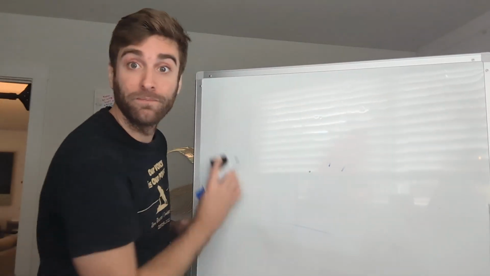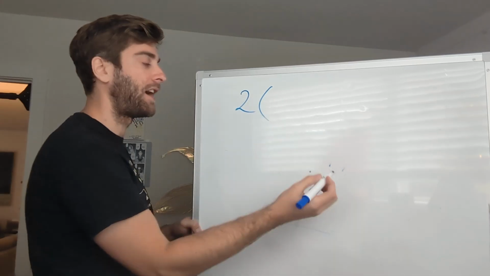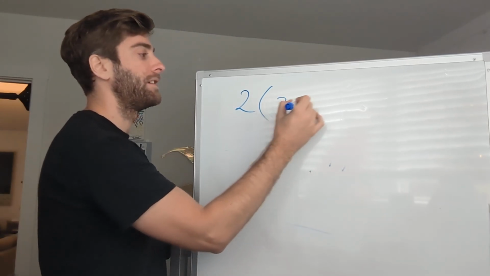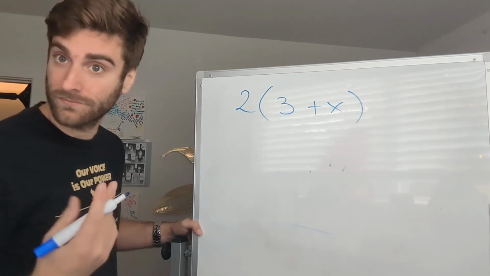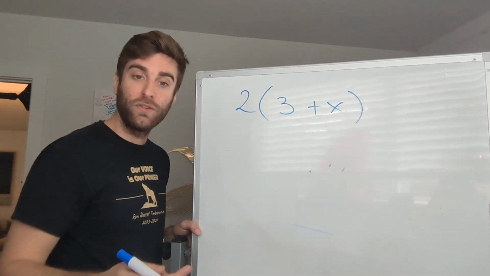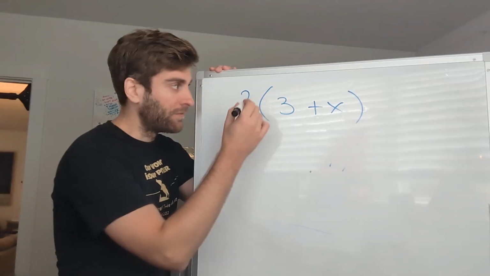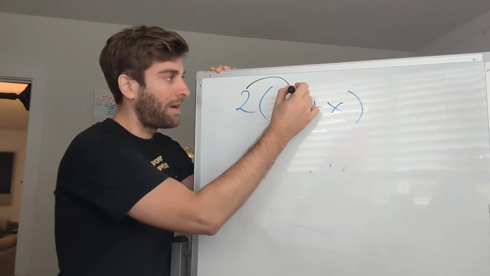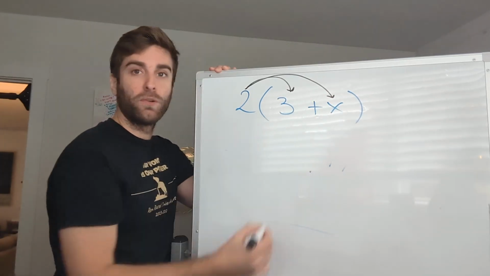Let's do a couple more practice problems. See how quickly you can do it. Here, 2 times 3 plus x. What do we do? Take my marker and I distribute. I take my 2, I multiply it by 3. I take my 2, I also multiply it by x.